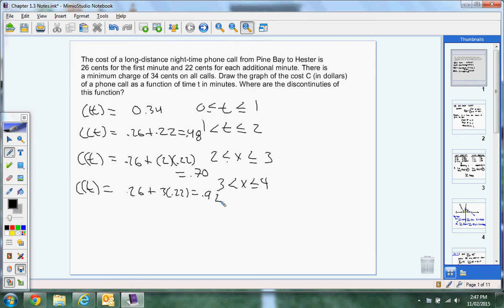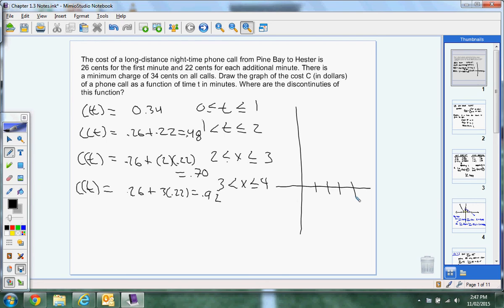So this is a step function where it has discontinuity every minute, okay, because it's a jump. They don't charge you per second, so it's not like a gradual continuous function. These are called step functions. So what this looks like, just to give you a little picture here, so X is our minutes, right? Our T. I should put T's there. I guess I switched them. But T, so we did to 4 minutes, 1, 2, 3, 4.